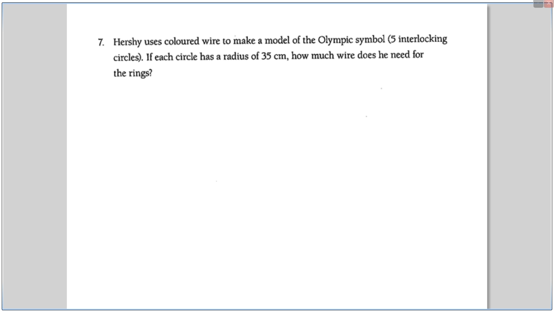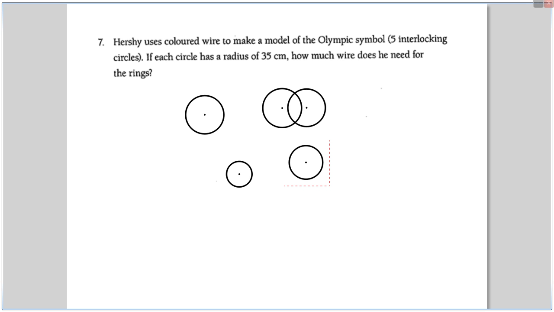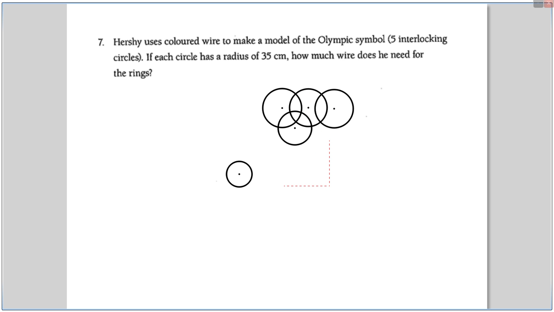Okay, Hershey uses colored wire to make a model of the Olympic symbol, 5 interlocking circles. Okay, so 5 circles. Okay, so try to make the Olympic symbol. Oh, it's too big. Okay, there's the Olympic symbol, 5 interlocking circles.